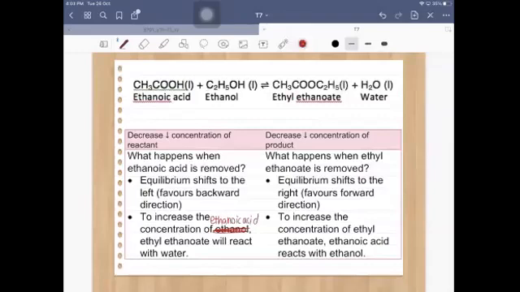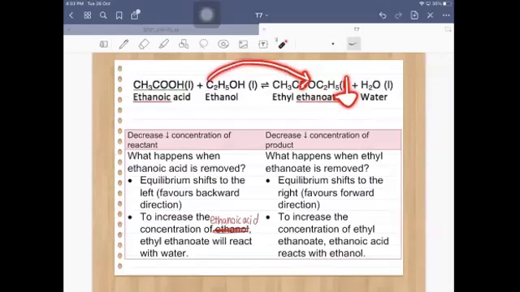Next, decrease the concentration of ethyl ethanoate. What happens if we remove ethyl ethanoate? Le Chatelier's principle said that, well, if we remove ethyl ethanoate, we need to produce more. And how do we produce ethyl ethanoate? By favoring the forward reaction. So ethanoic acid will react with ethanol to produce more ethyl ethanoate so that we can cancel out or overcome the change being made.